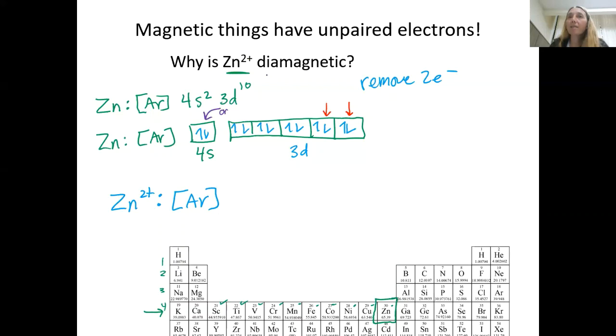Now this says, why is zinc 2 plus diamagnetic, which means all paired electrons. So that means when I remove these electrons, it's better to remove them from this 4s orbital than it is to make this orbital less full.